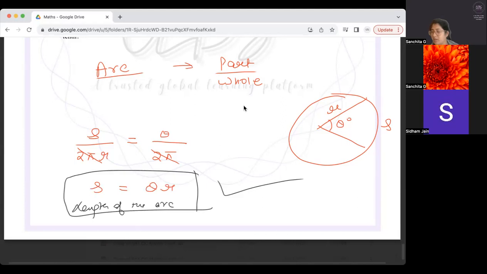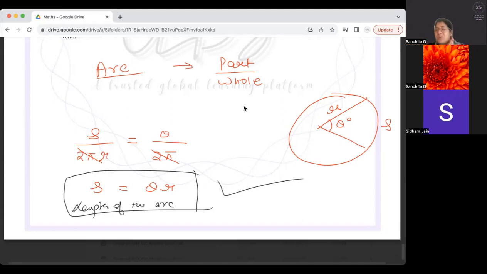You can remember the formula also. Your derivation, I personally feel that the more formulas you learn, especially in geometry, the more confusing it gets. Anyway, you will have a lot of formulas later also: 2D, 3D, other figures, coordinate geometry and everything.